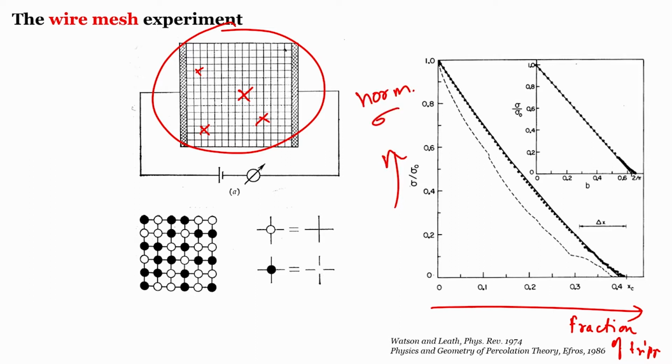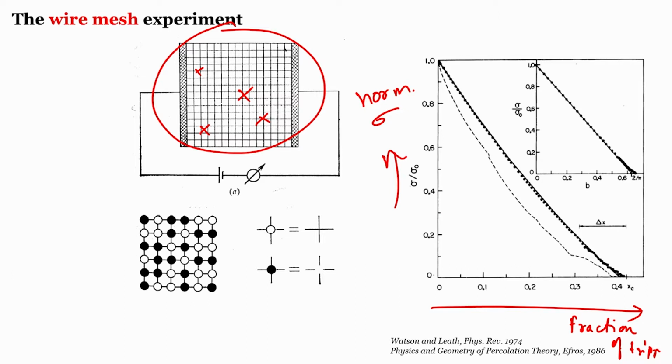And what we found is that there exists a linear relationship: as we keep on reducing the fraction of the connecting junctions in this wire mesh, the conductivity also reduces linearly.